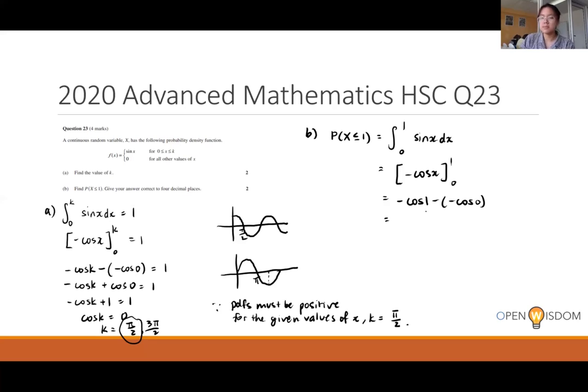You can type this in your calculator, but the very important thing to note is that for cos 1, you must make sure that your calculator is in radians, because if you have your calculator in degrees and you type this in, you will get the incorrect answer. So when you type this in your calculator, making sure that the mode is set to radians, you should get 0.4597 to 4 decimal places, which the question asks us to do.